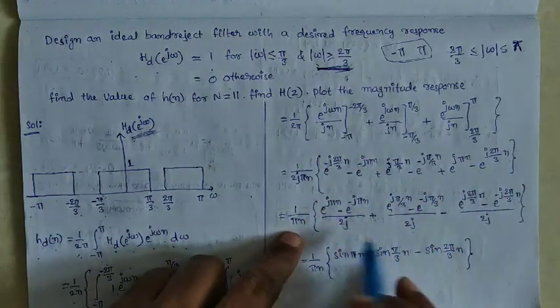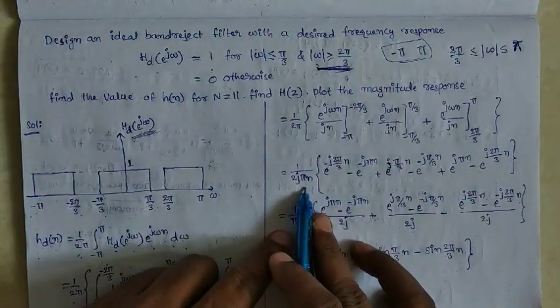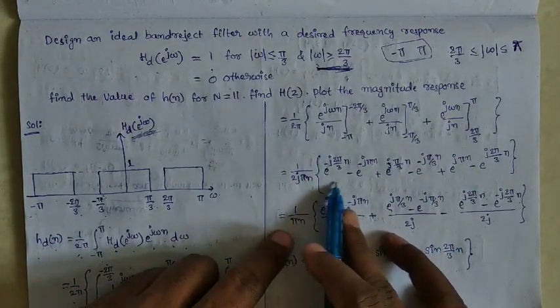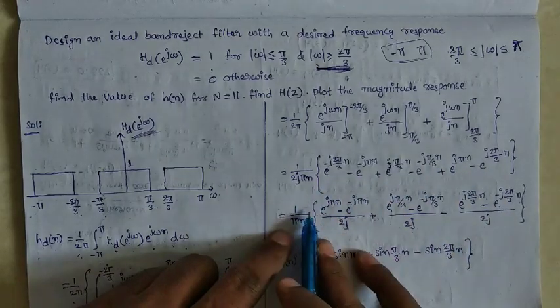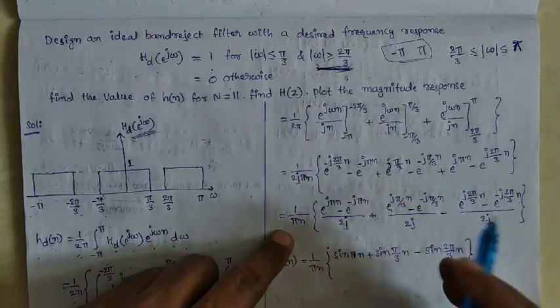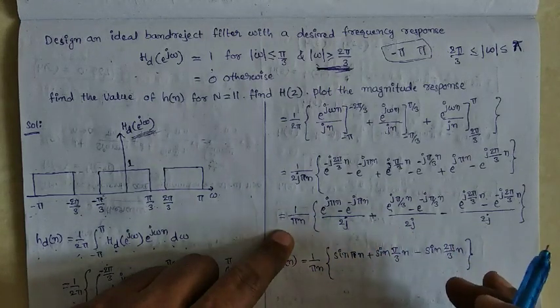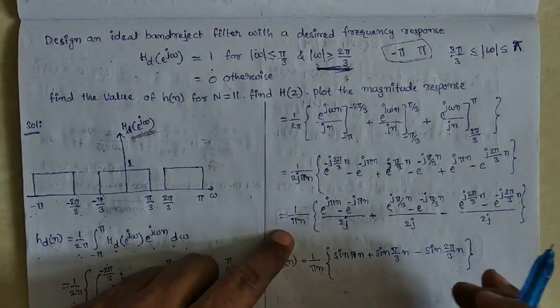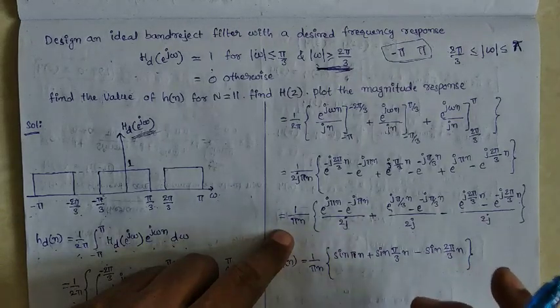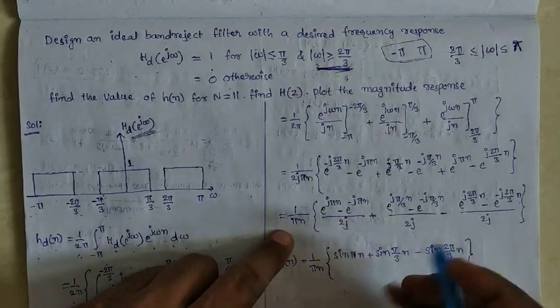Here 1 by pi n, here I am dividing this total term with 2j, and separating the terms, pi n terms, j pi n and minus j pi n I am taking as one term.